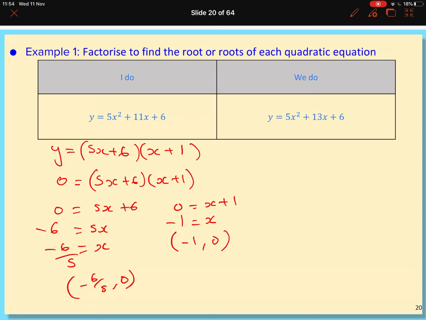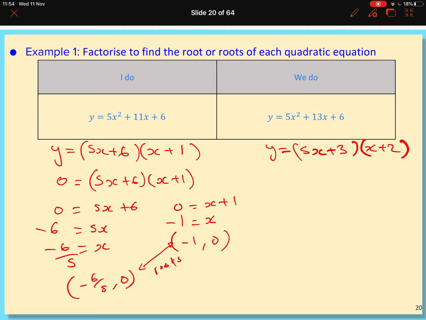So we're going to rearrange to make x the subject and find out what the coordinates are for the roots. So one coordinate for the roots is (-1, 0), and the other coordinate for the root is going to be (-6/5, 0).